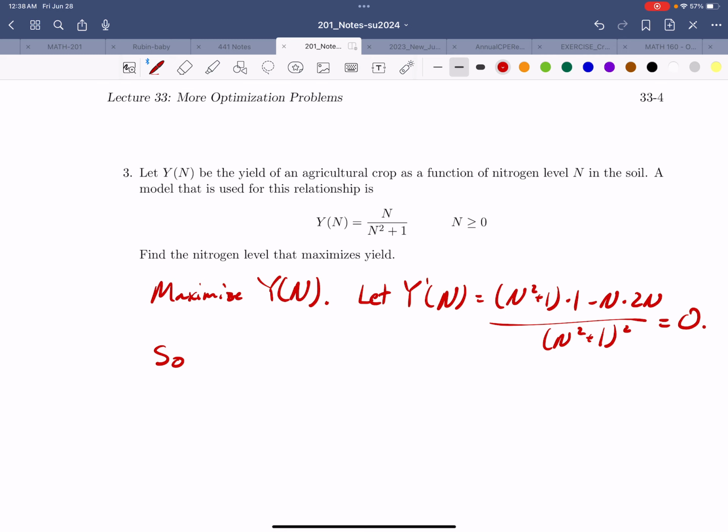Well, then that means that we get 1 minus n squared all over n squared plus 1 squared equals 0. And that, of course, implies that n equals -1 and 1. Of course, being -1 is nonsense.